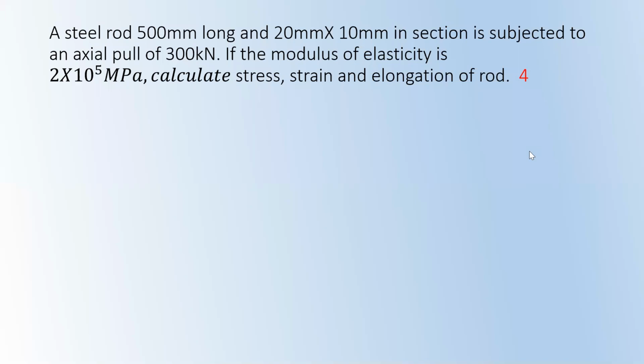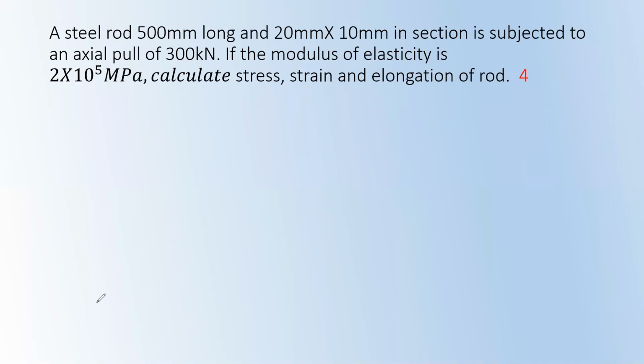Just listen. A steel rod 500 long and 20 into 10 in cross section is subjected to axial pull of 300 kilonewton. If the modulus of elasticity is 2 into 10 raised to 5 megapascal, calculate stress, strain and elongation. Just getting the data from this.